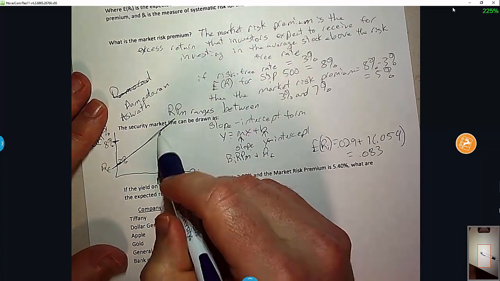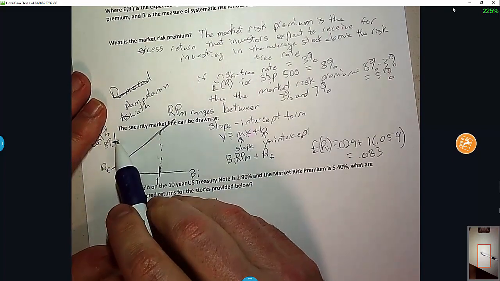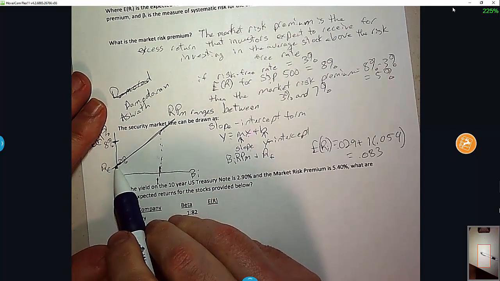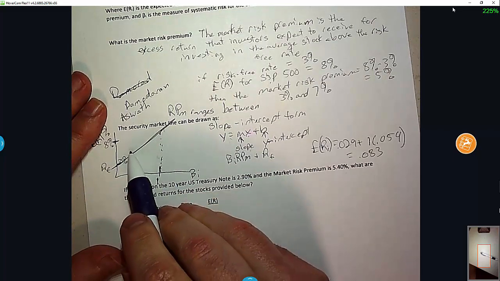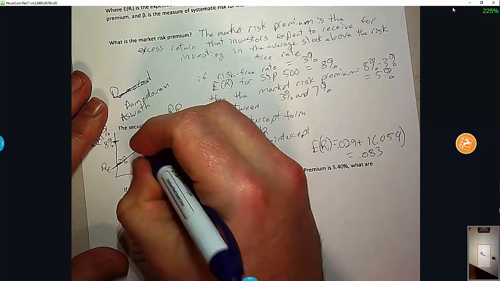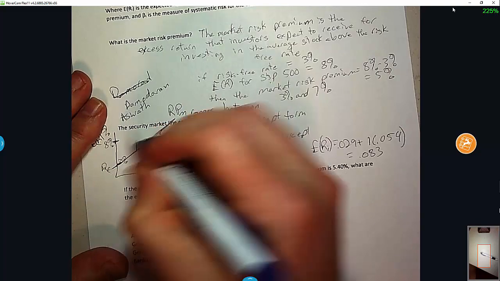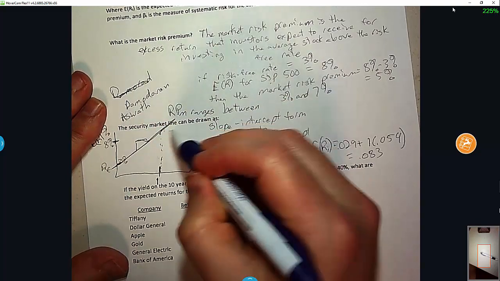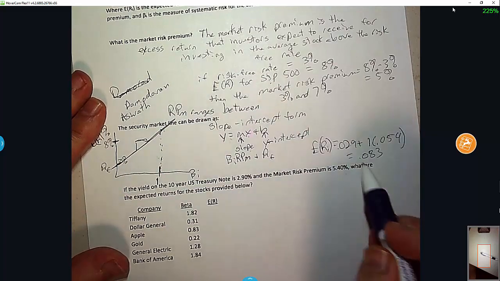That should be a straight line. And so we would have a risk-free rate of 2.9%, and based on the line here, again, remember the slope is equal to the market risk premium of 5.4%, and the expected return for the market, because there's a beta of 1, would be 8.3%.